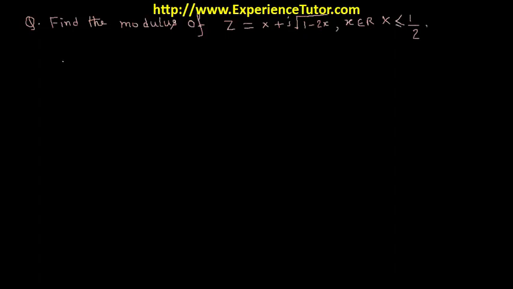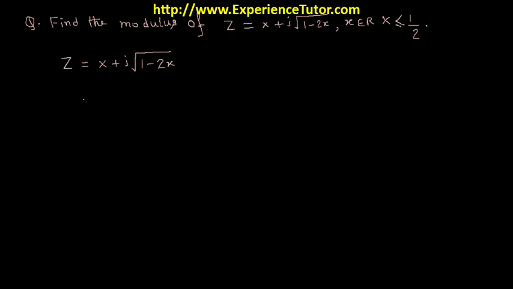So we can write the sum as z equal to x plus i times (1 minus 2x) to the power half. So the real part is x and the imaginary part is the square root of 1 minus 2x.